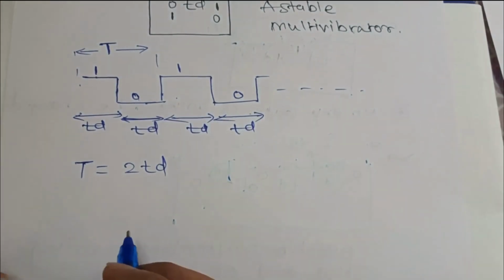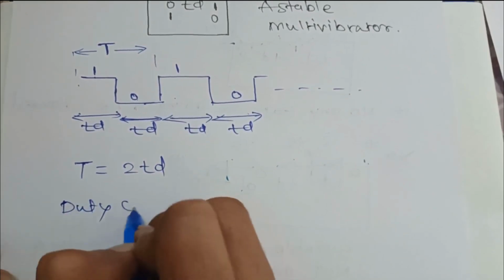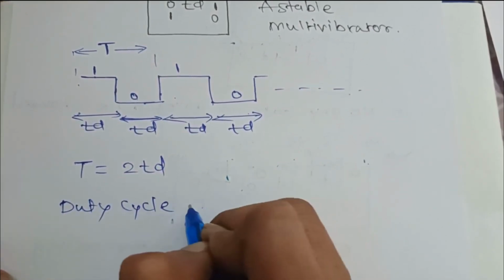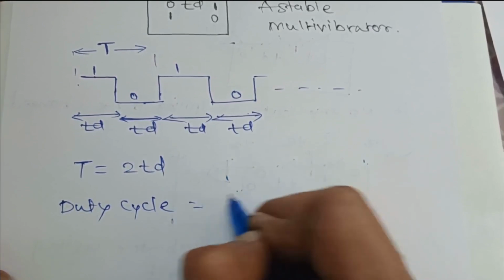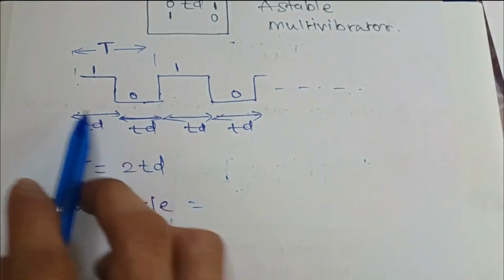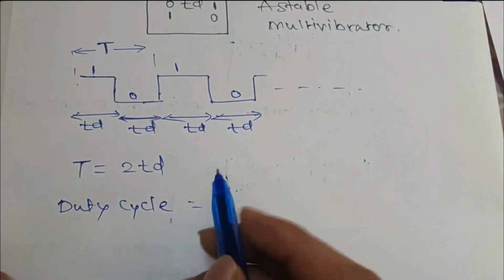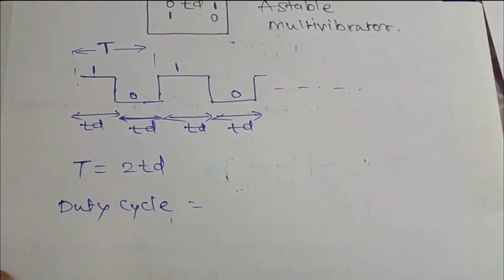If you want to find its duty cycle, for TD interval it is going to be 1, and the rest of it is going to be 0. So first of all, see what is duty cycle.